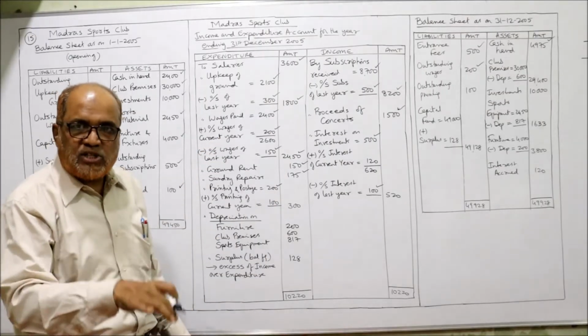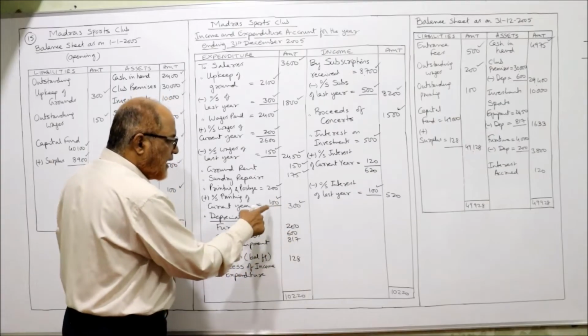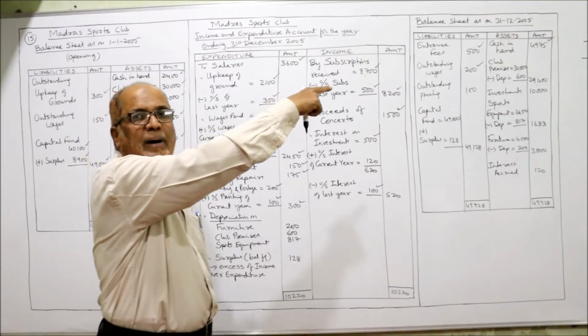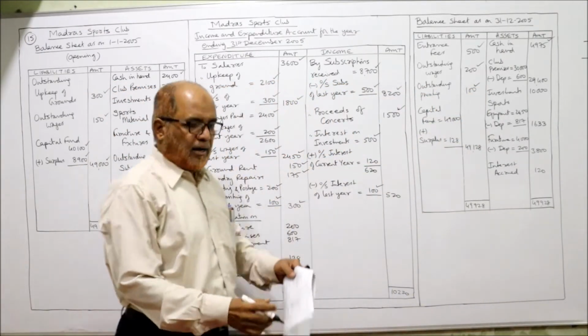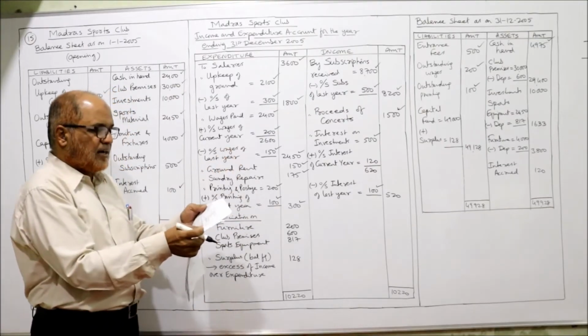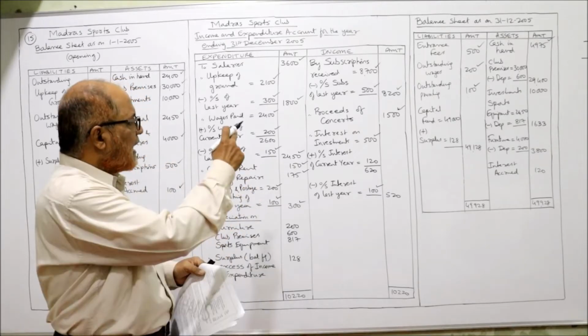Outstanding printing expenses of current year added. So add 100, 300. Again this 100 rupees printing charges outstanding of current year will appear in the balance sheet, liability side, outstanding printing 100. Next comes sundry repair 175. We have taken sundry repairs. So all the items given in the receipts and payments account I have taken here.